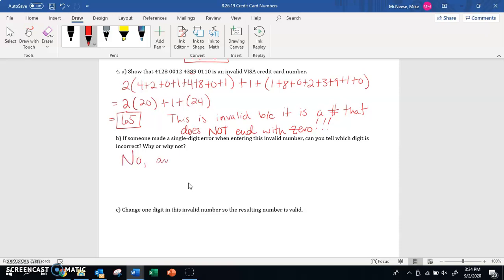No. And the reason is because any single digit could be changed to make the entire number not equal 0 and become invalid.